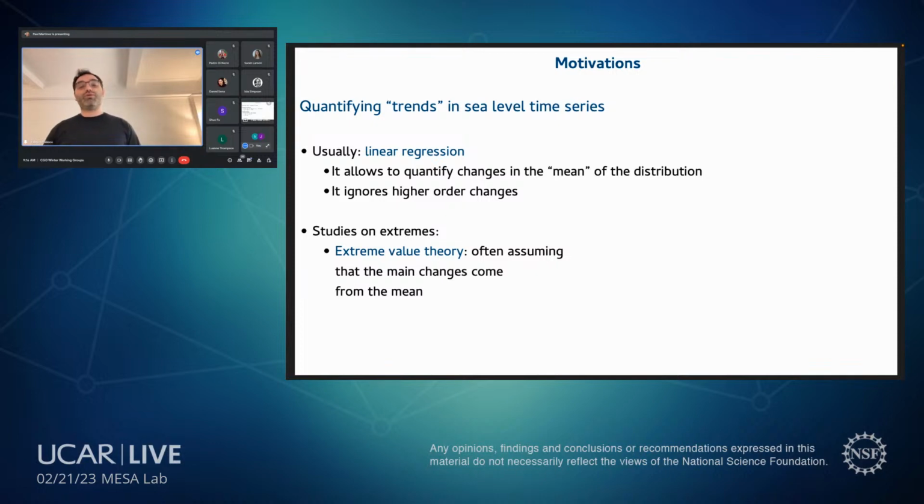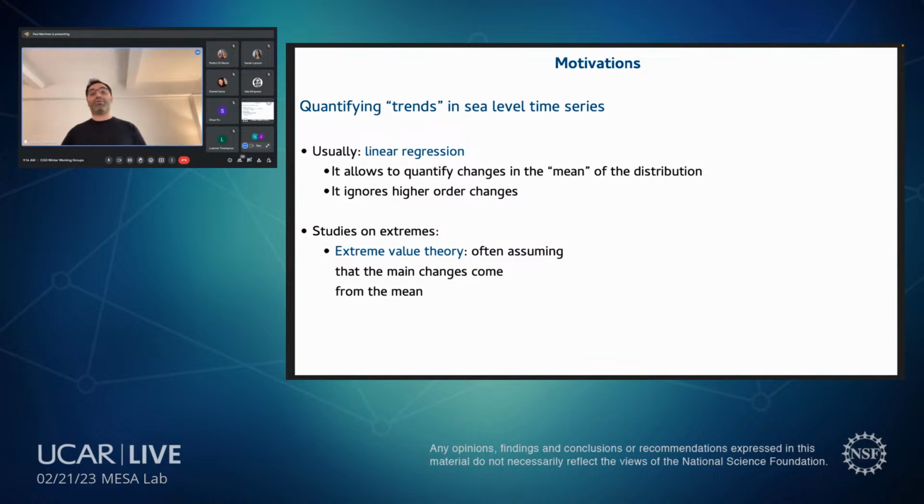And when we usually quantify trends or changes from sea level time series, in general from time series, the first thing we do is to quantify linear regression, so trends of the time series. This allows us to quantify changes in the conditional mean of the distribution. In the case of sea level, the conditional mean of sea level conditioned on time.